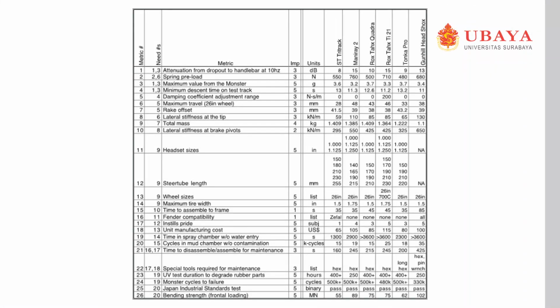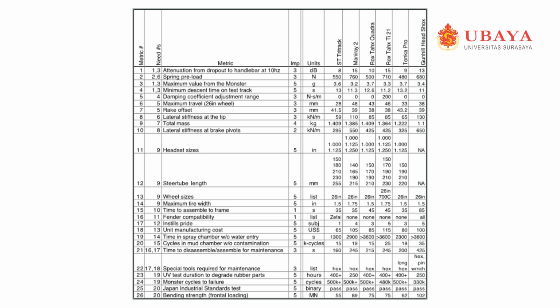Okay. Next one, wow, this is a very complex table, but don't worry. This is just a follow-up. This is how to benchmark on metrics. So the keyword is benchmarking from metrics. For example, metric number 1, which corresponds to needs number 1 and 3, is defined as attenuation from dropout to handlebar at 10 Hertz, which has importance level 3.